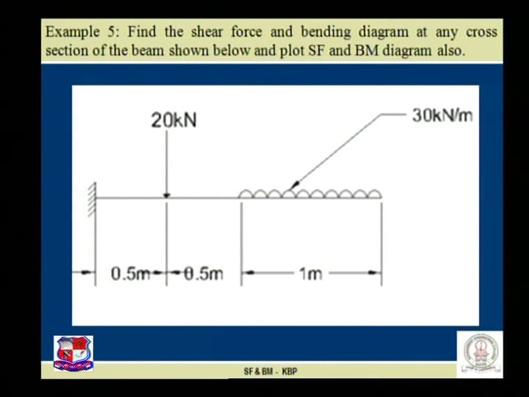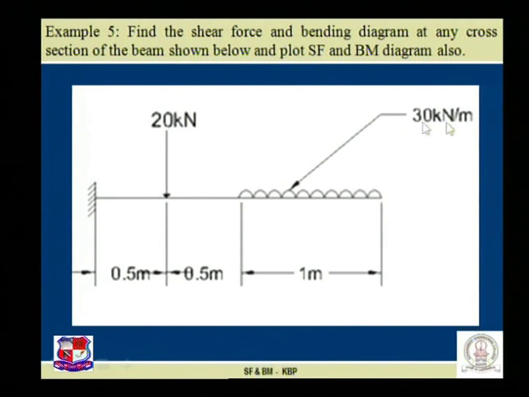Up till now in the previous lectures we have solved 4 different problems for a cantilever beam. Today we will solve some more numericals on the cantilever beam, and our intention is to plot the shear force diagram and the bending moment diagram. Now this is the problem.